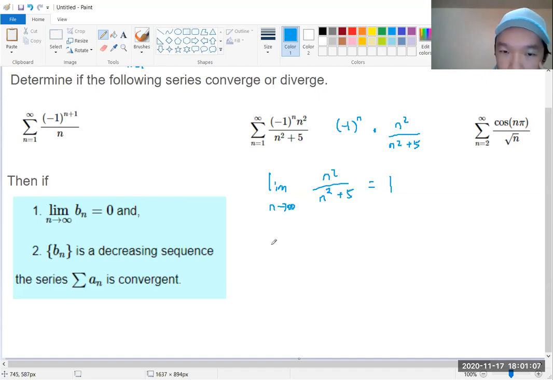consider the graph. If I was to draw this series in a graph, we know that as we go further and further into the series, we're just adding a bunch of 1s, right? Because that's what the limit goes to.